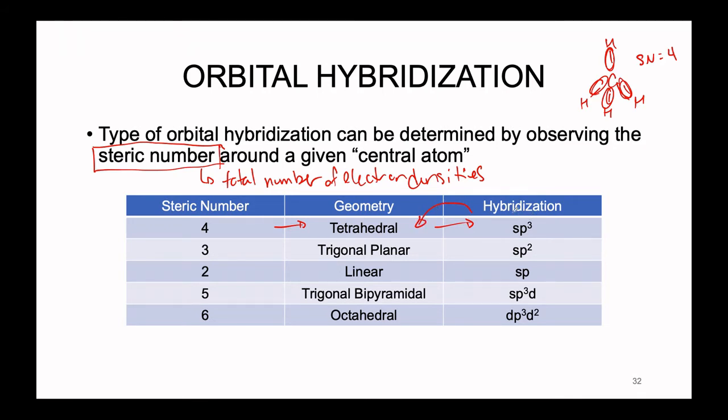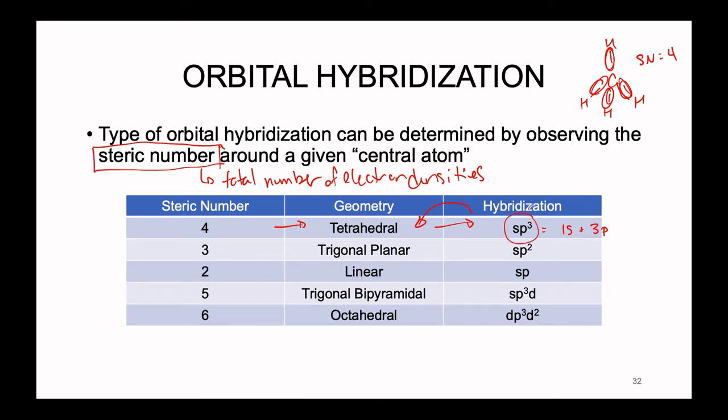Now, the reason why we call it sp3 hybridization, we can think of like literally just back to the example that we introduced, our CH4 example. The central carbon had 1 s orbital and 3 p orbitals that came together, that melded together, that hybridized together. And that's what this label means.